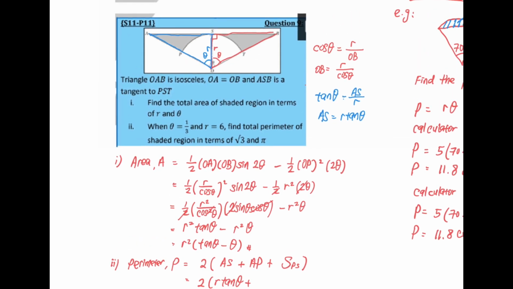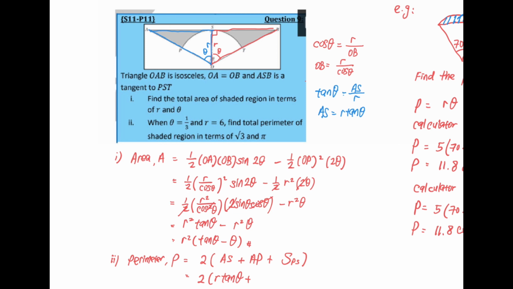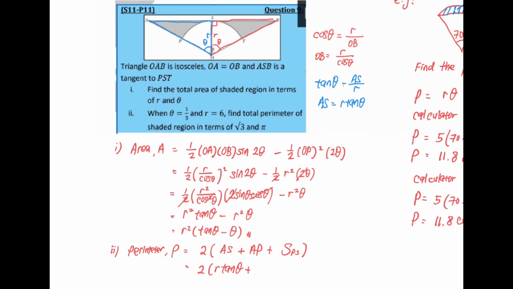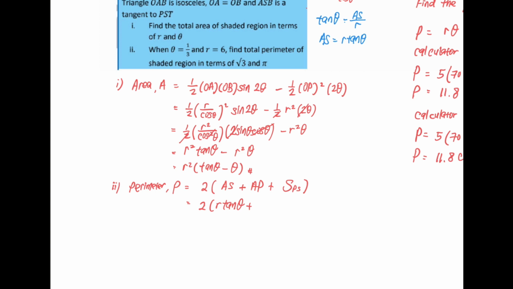So AP is, okay, just now we found OA already. OA is R over cos theta, and because of that, AP is just minus the radius. Okay, so let's work it out at the bottom here. AP.